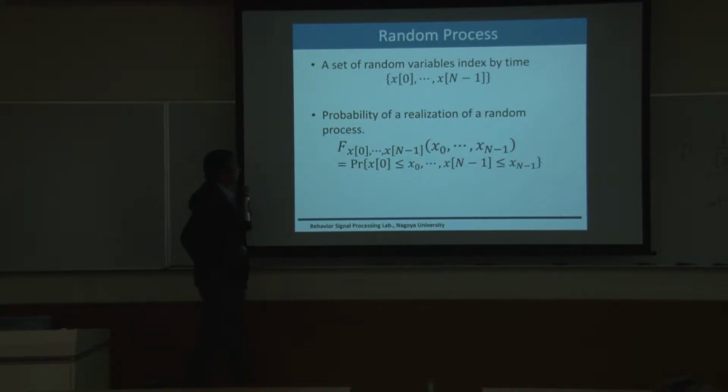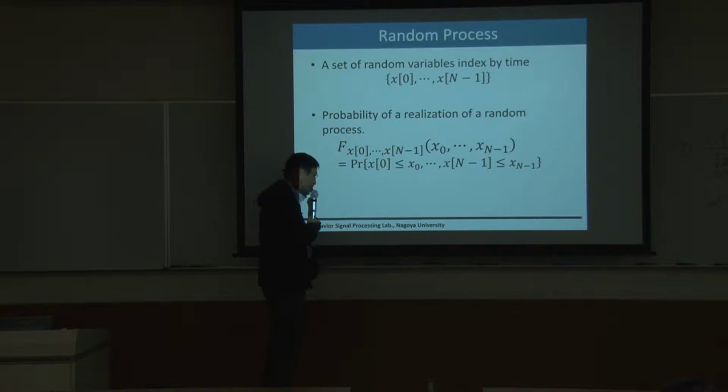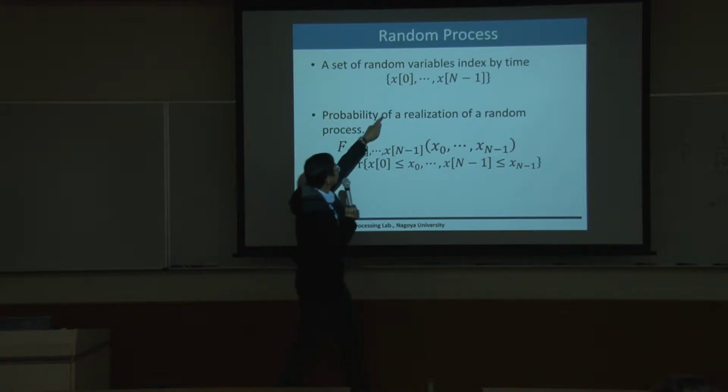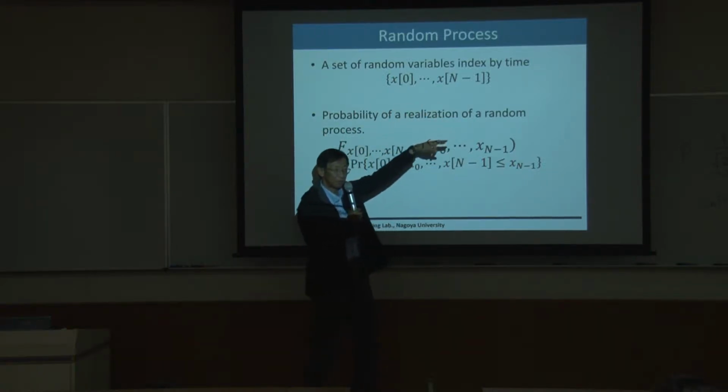So again, a random process, or should I say the stochastic variables of a random process, is a set of numbers indexed by a discrete number.